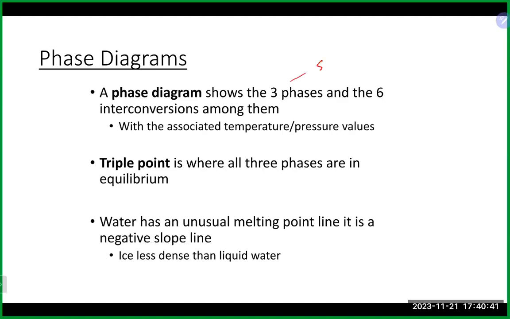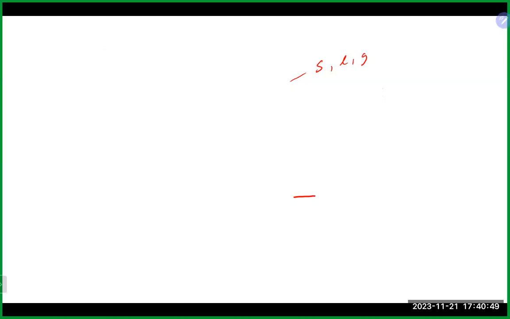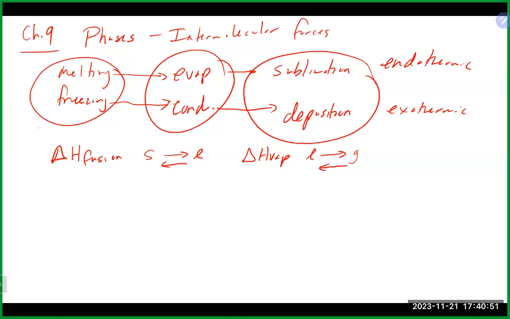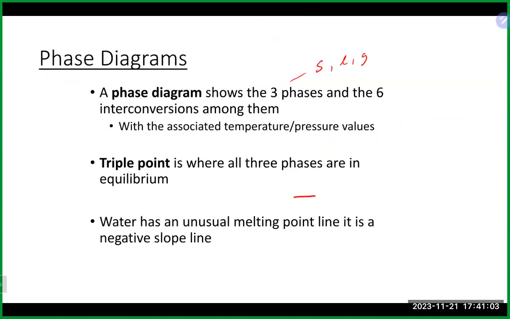Those 6 conversions are what we just talked about: melting, freezing, evaporation, condensation, sublimation, and deposition. What we see with it are the temperature and pressure conditions that are necessary for things to change states, or to figure out what state they would be in under those conditions.